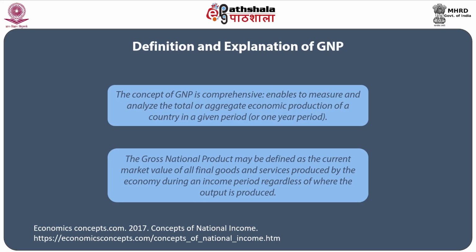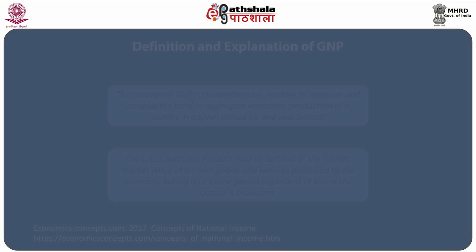The gross national product of a country, GNP, is defined as the total money value of all final goods and services produced by the residents of a country in one particular year. The gross national product may be defined as the current market value of all final goods and services produced by the economy during an income period, regardless of where the output is produced.